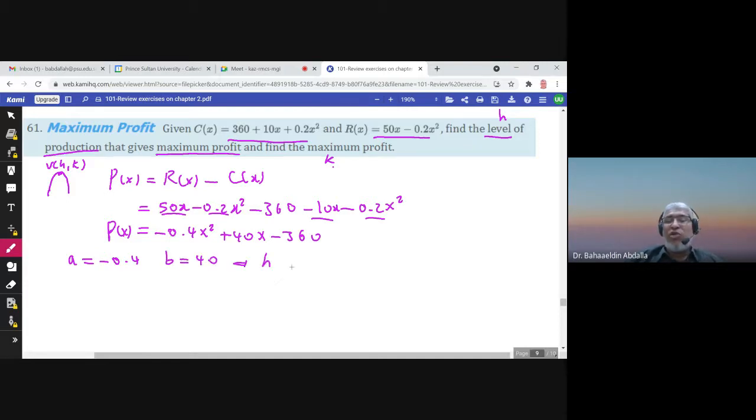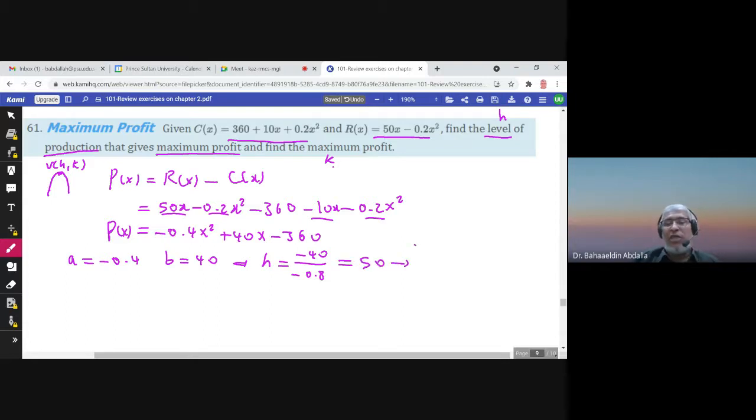So H, which is the level of production that gives maximum profit, is negative B, which is negative 40, over 2 times A. So negative 0.8. 2 times 0.4 is 0.8. So now I divide 40 by 0.8, and the answer is 50.